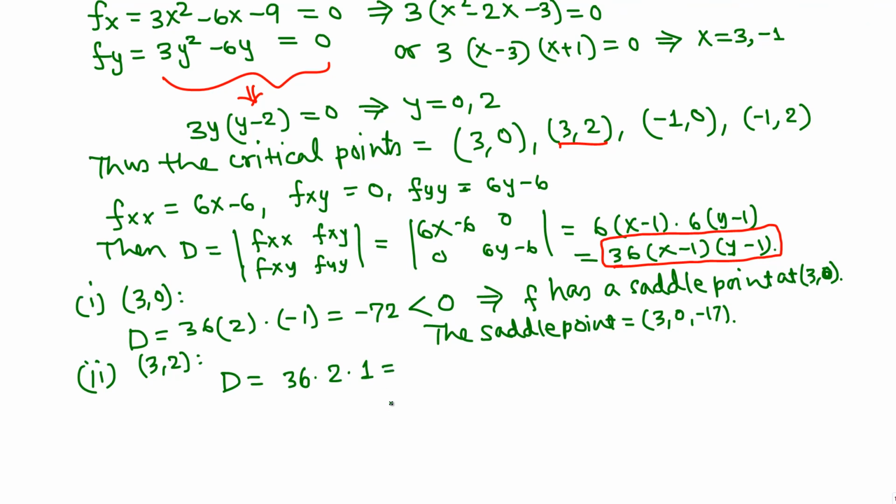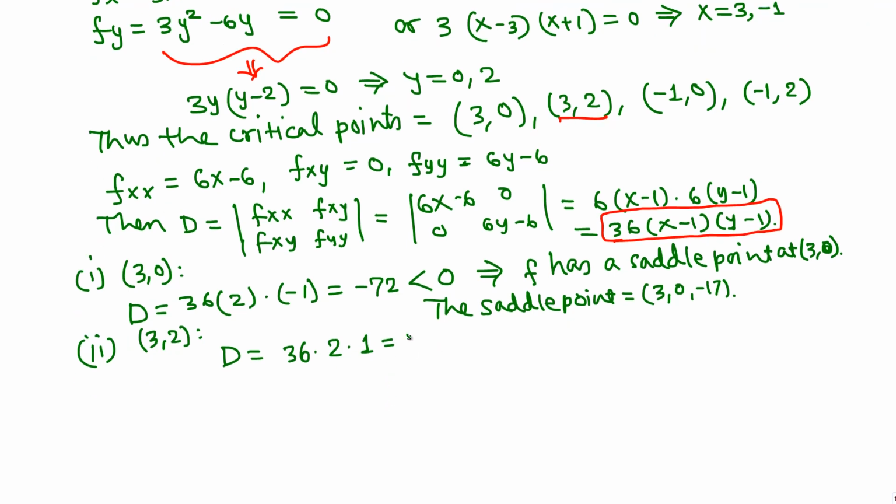But what matters is whether this is positive or negative. So 72 is positive. That means we can get either a local minimum or a local maximum here. For that we need to find the second derivative fxx at this point. If the discriminant is negative, then it's a saddle point, done.